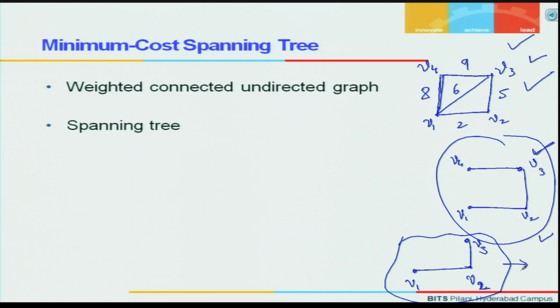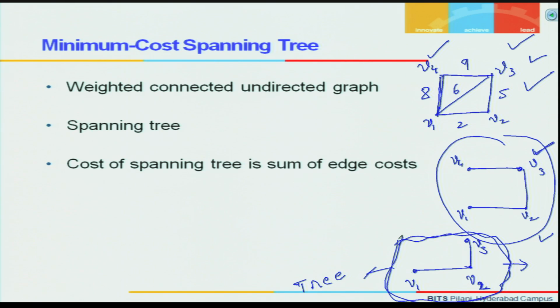This subgraph is not having any cycles in it. Hence it is a tree. There is no problem in calling this a tree. But when I ask you the question, is it a spanning tree? No, it is not a spanning tree, because the vertex V4 is not being covered in this tree. It is not spanning the vertex V4. Hence, it is not a spanning tree. It is simply a tree. Now you got what it means by spanning tree.